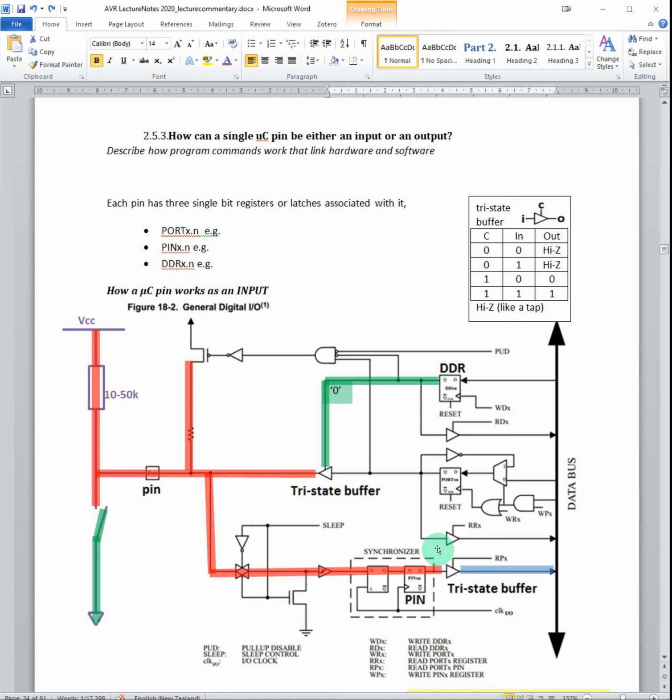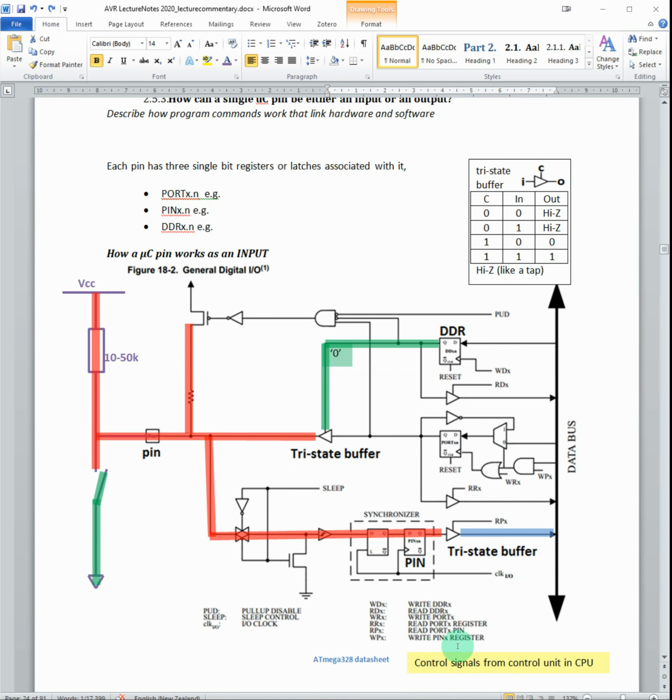And what you have in RTL is a small control unit, which is a very complex finite state machine, and you've got a data path. And so what we're looking at here is part of the data path. We're not looking at the control unit. We can see here some control signals, like WDX, RDX, and so these are control signals from the control unit, and the rest of this is the data path.